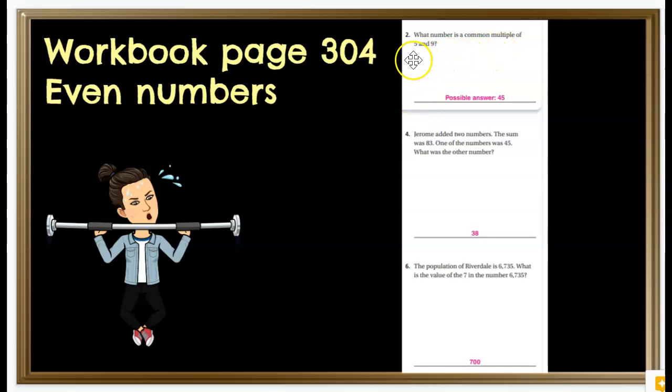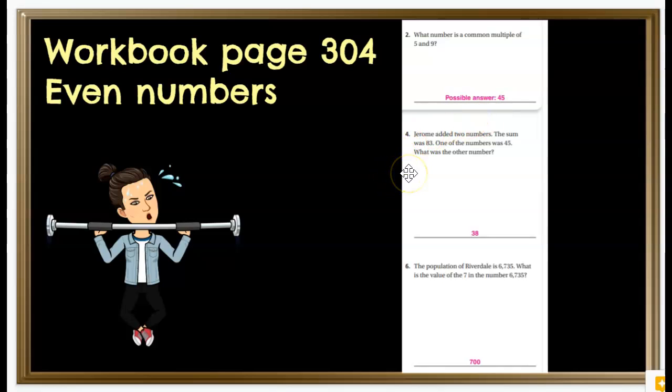That means I will do 5 times 1, which is 5, 5 times 2, which is 10, 5 times 3, which is 15, and you will need to continue your list. You will also need to continue your list for 9 until you find the common multiple, which is 45.